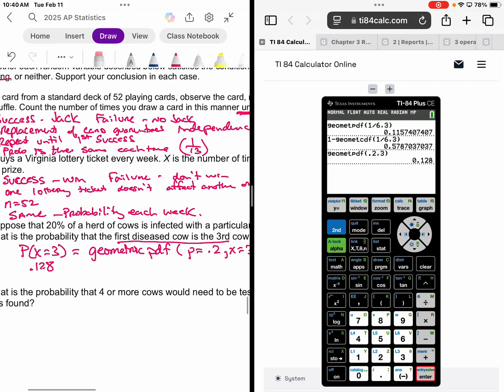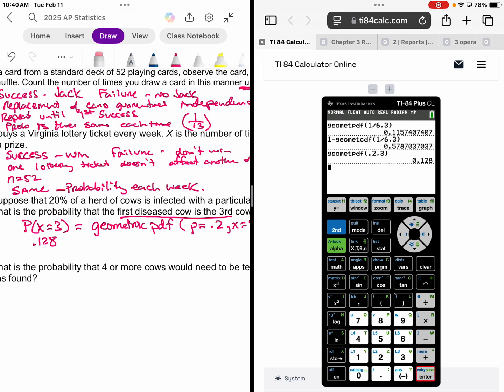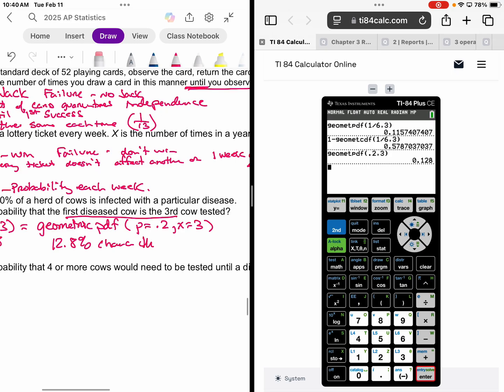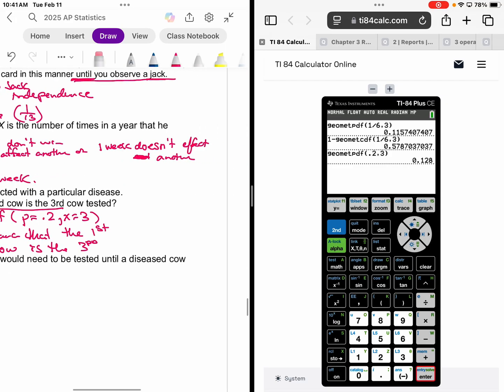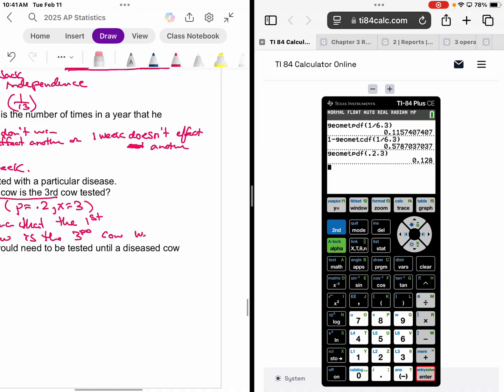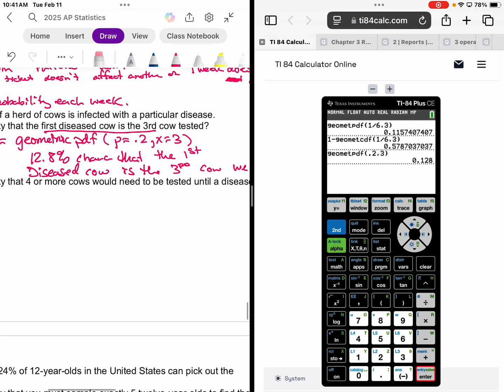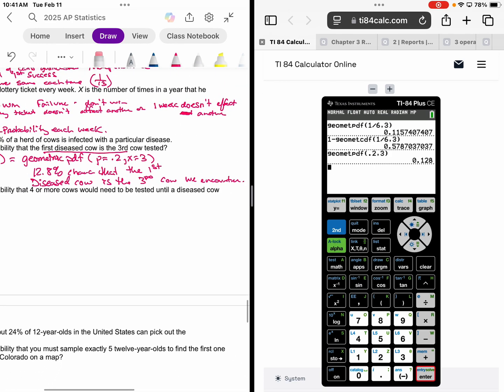So there's a 12.8% chance that the first diseased cow is the third cow we encounter. So there's a 12.8% chance that the first cow we come across that has the disease would be the third cow.